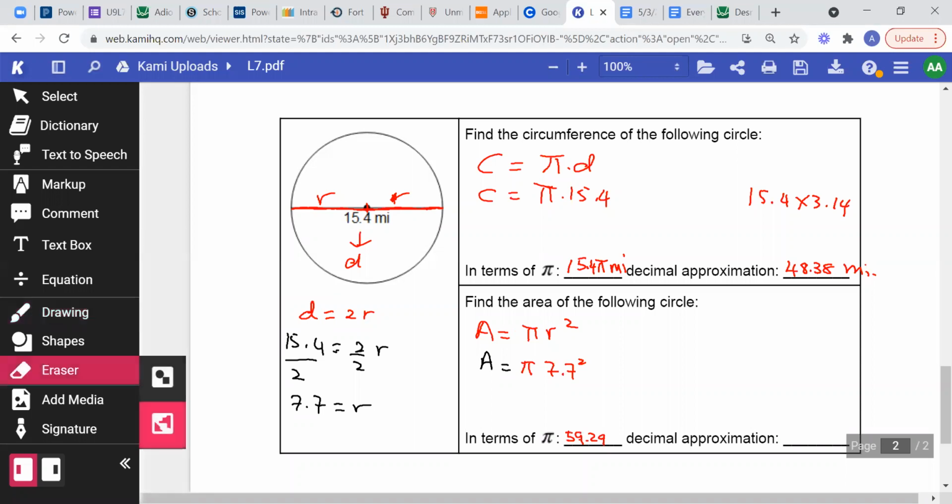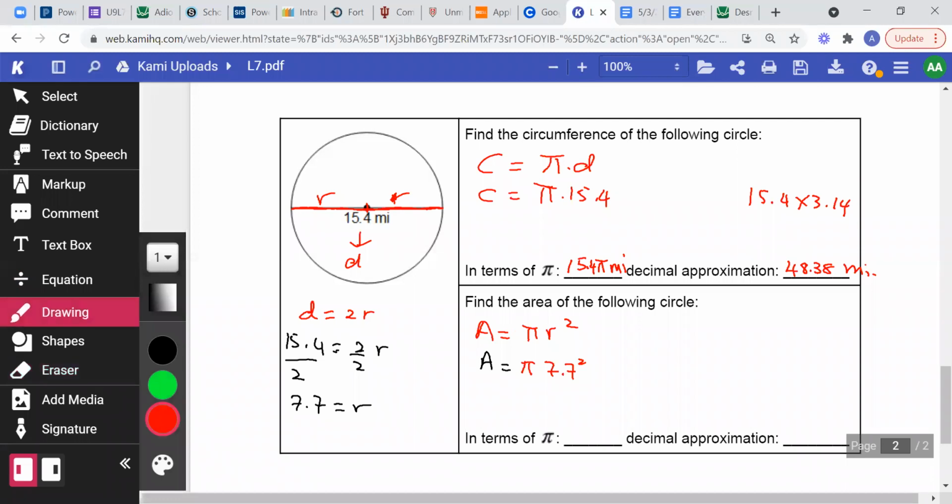This space is too small, so I'm going to just write it somewhere up there. 59.29 pi. And then what should be the unit? That's miles. Miles what? Since r is squared, that means the miles has to be squared as well, okay?